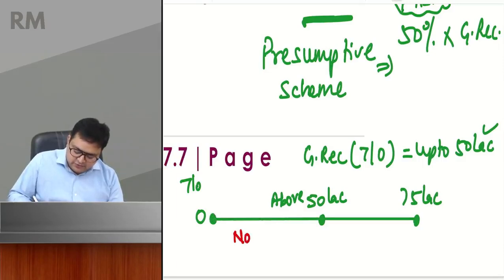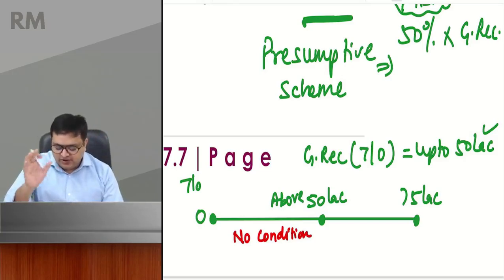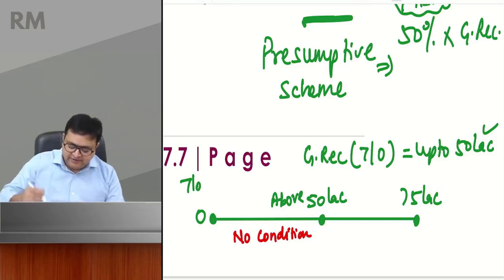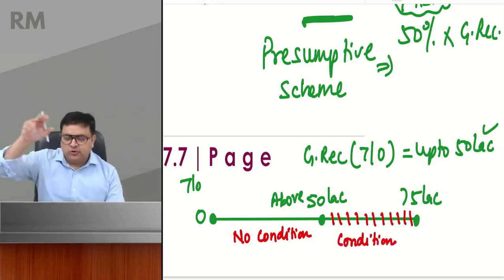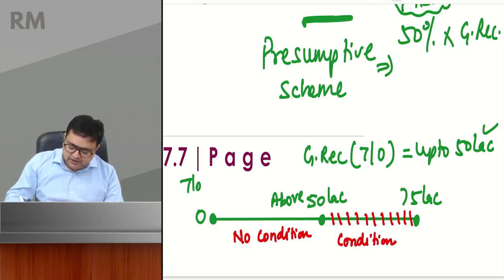They can come in presumptive, no other condition. But if your turnover goes above 50 lakh, up till 75 lakh, now for these people there is a condition. The condition is that out of your total gross receipts, the amount received in cash should not be more than 5%.